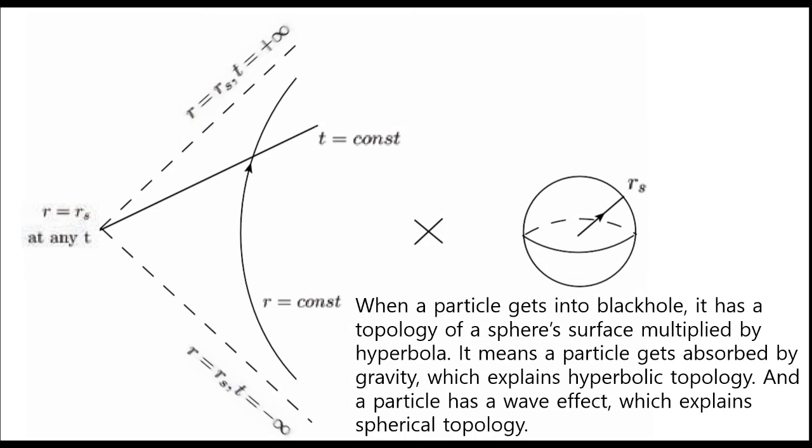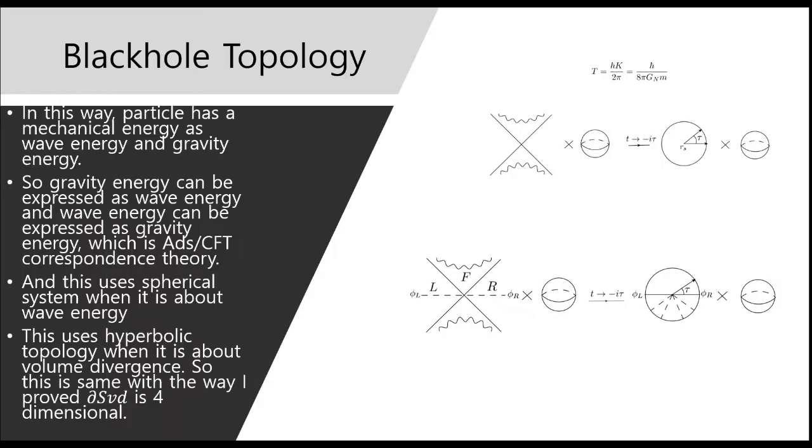It means a particle gets absorbed by gravity, which explains the hyperbolic topology, and a particle has a wave effect, which explains the spherical topology. In this way, a particle has mechanical energy as wave energy and gravity energy. So gravity energy can be expressed as wave energy, and wave energy can be expressed as gravity energy, which is the AdS/CFT correspondence theory. This uses the spherical system when it is about wave energy, and uses hyperbolic topology when it is about volume divergence. So this is the same as the way I proved this with 4-dimensional.